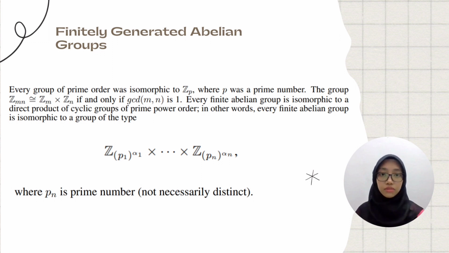Every finite Abelian group is isomorphic to a direct product of cyclic groups of prime power order. In other words, every finite Abelian group is isomorphic to a group of the type integers modulo p1 to the power of alpha 1 times until integers modulo pn to the power of alpha n, where the pi are prime numbers, not necessarily distinct.